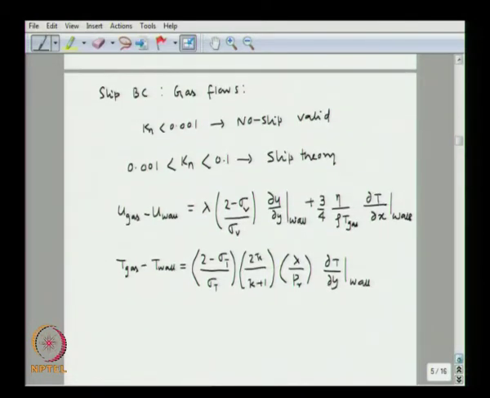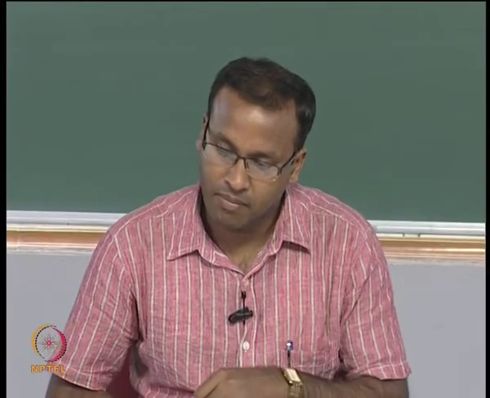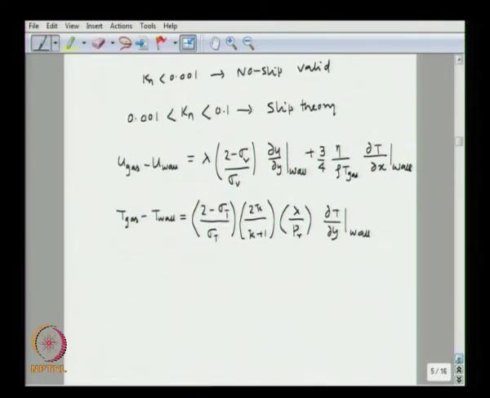So here most of the constants we recognize: eta is the viscosity of the gas, rho is the density of the gas, and lambda is the mean free path.